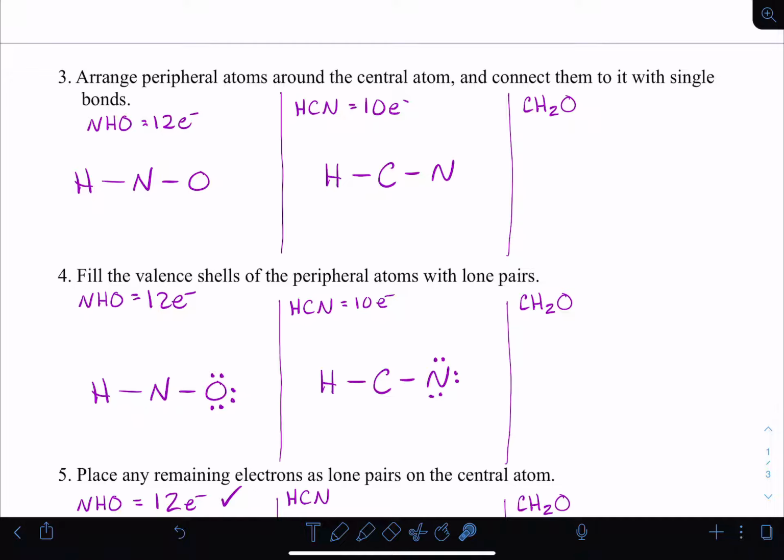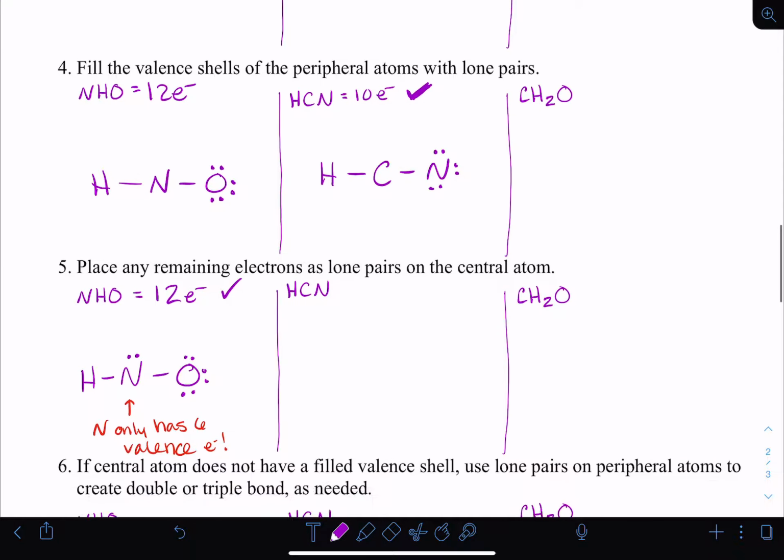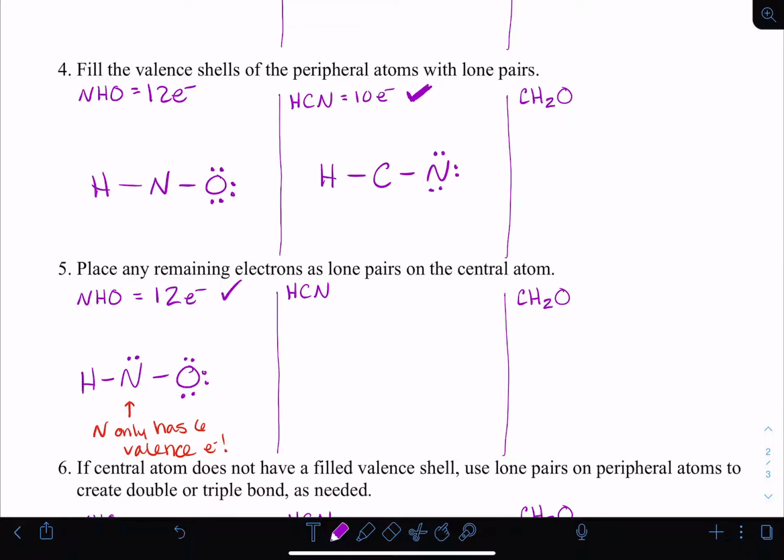So we've placed all of our electrons here already. We don't have any left to place on the central atom. So we can't actually do anything in step 5 here. We have no more electrons left to place.